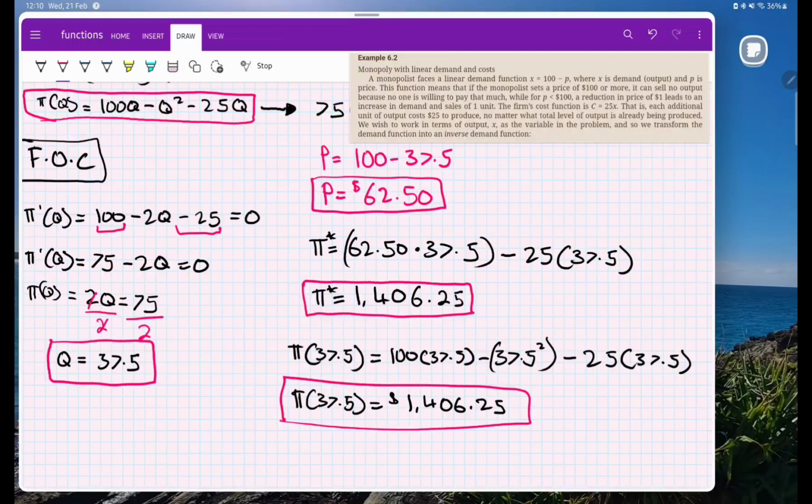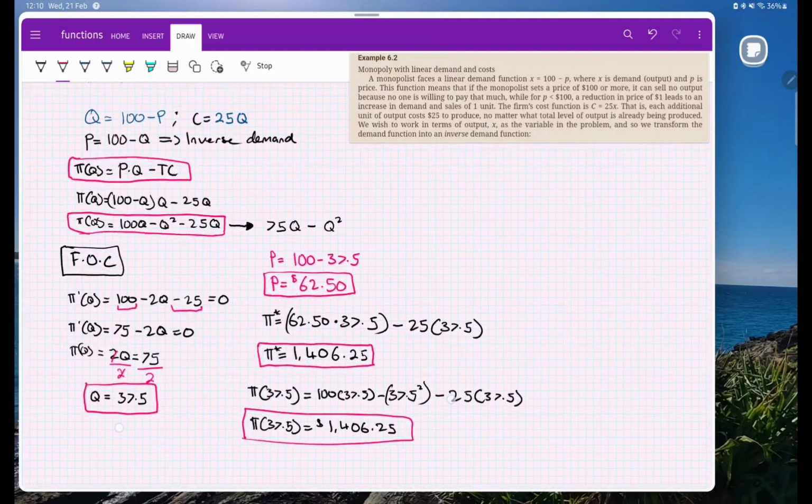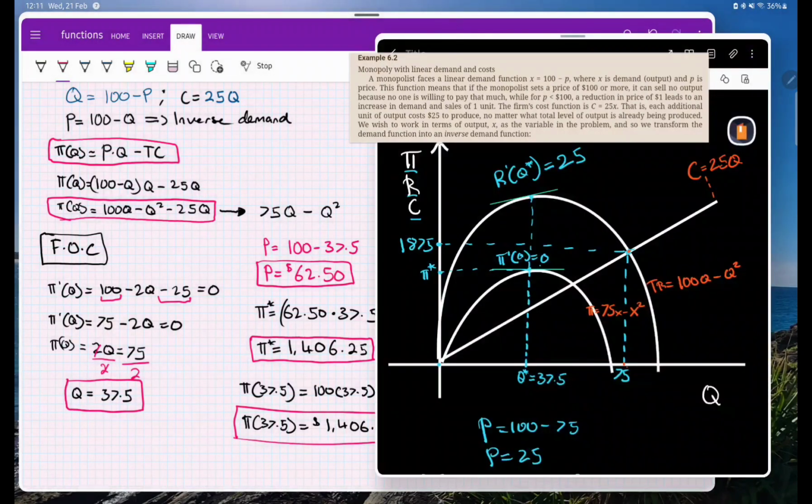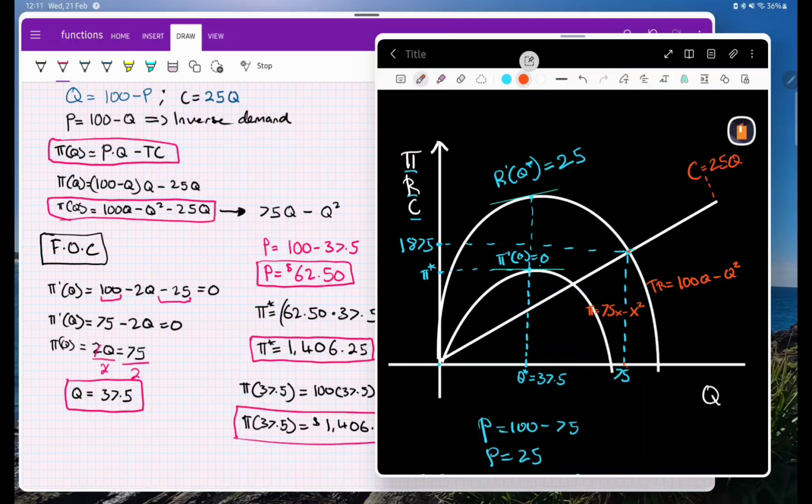And so what do you do with that information, right? Well, you could graph it, which I've done. And you could look at this crazy looking graph right now, where your x-axis is your Q, your y-axis is your profit, your revenue, and your costs. And you can derive some pretty interesting things. So cost function is 25Q. That's this linear line there.